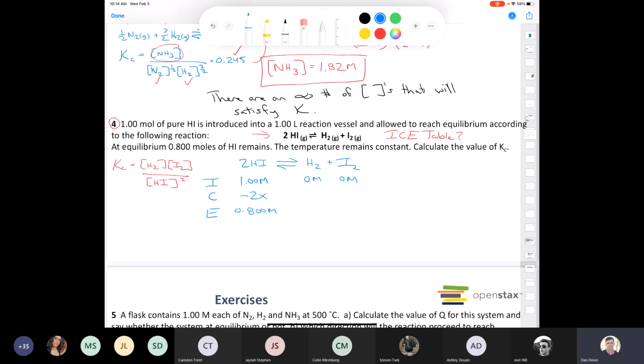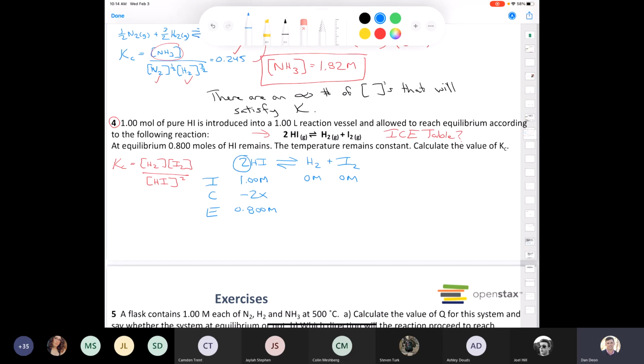Because the concentration is decreasing. And we know that if we're losing 2x for HI, since there are twice as many molecules of HI as there are of H2 and I2 in our balanced equation, that means we're going to be gaining x for H2 and gaining x over here. Again, if you're like, where are you getting these x's from, man?